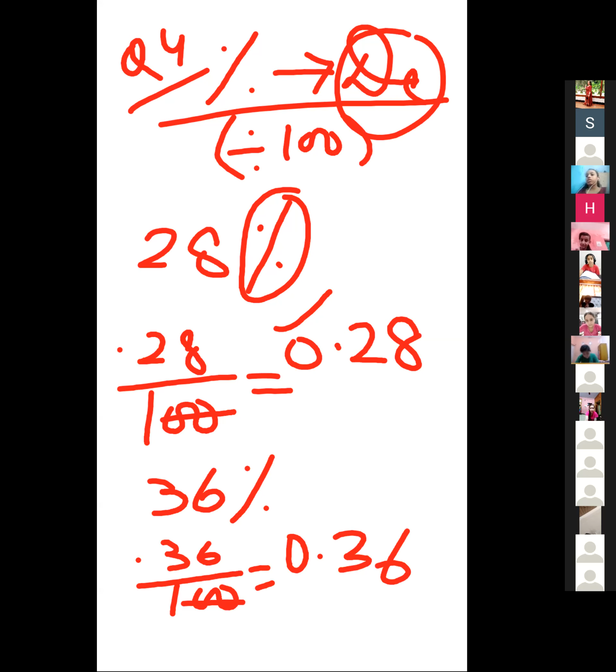Earlier we cleared the formula. If our formulas are clear, then we have no problem in doing the questions. So always remember. Now one question I'll give you. Do this one. If 22.5%, you have to change into decimal. Do it now and tell me fast.